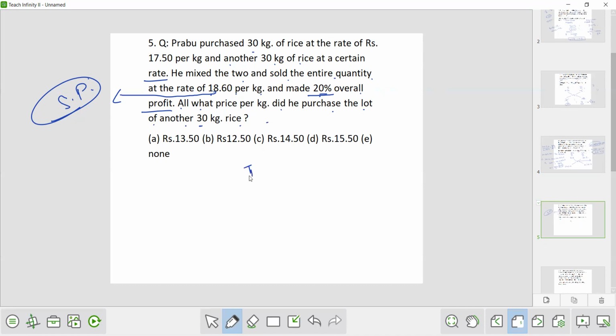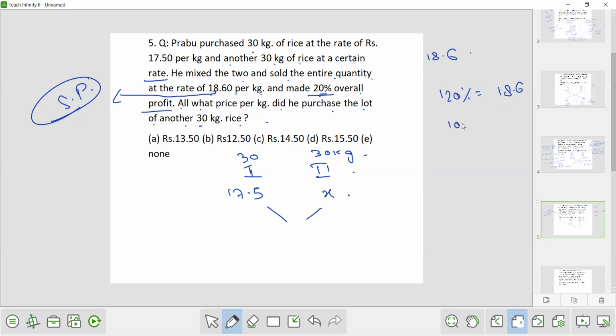So quantity 1 and quantity 2. Quantity 1 is 30 kg and quantity 2 is also 30 kg. Quantity 1 he purchased at 17.5 per kg. Quantity 2 we don't know, let's say X. On the whole, he sold it at 18.60. So what is the cost price associated with quantity 1 and quantity 2 mixed? 18.60 is the selling price and it is sold at 20% profit, means 120% is equivalent to 18.6.